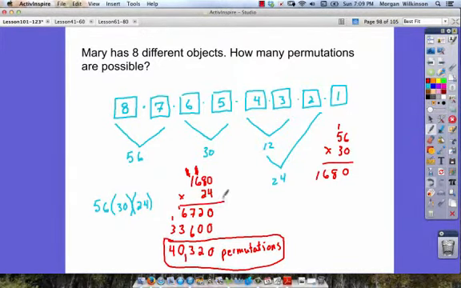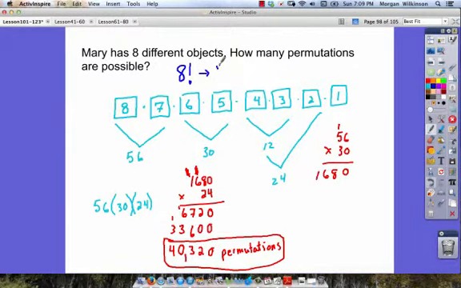Now, another way that we could write out this problem is to do this. Instead of it saying 8 times 7 times 6 all the way to 1, we could say 8 with an exclamation point. Now this isn't like we're really excited to say the number 8. Yay, we have 8. This is saying 8 factorial.